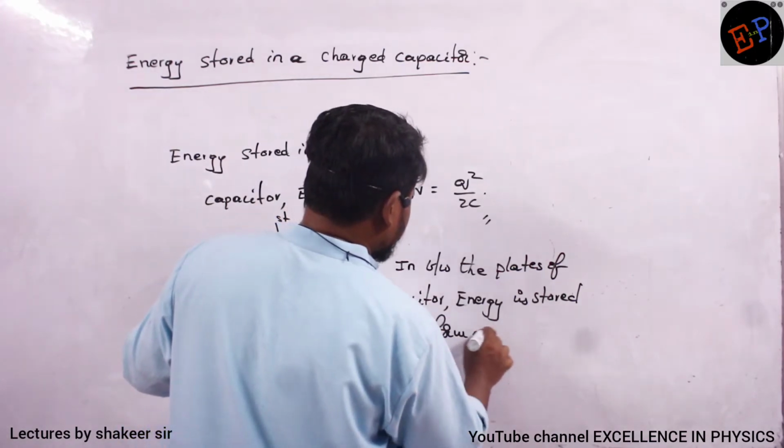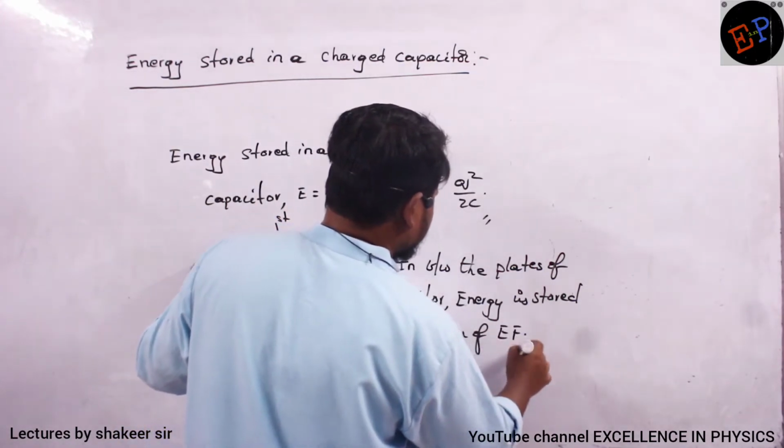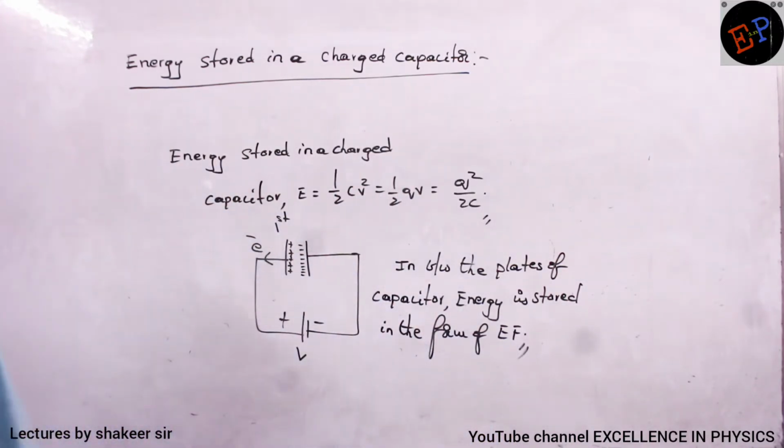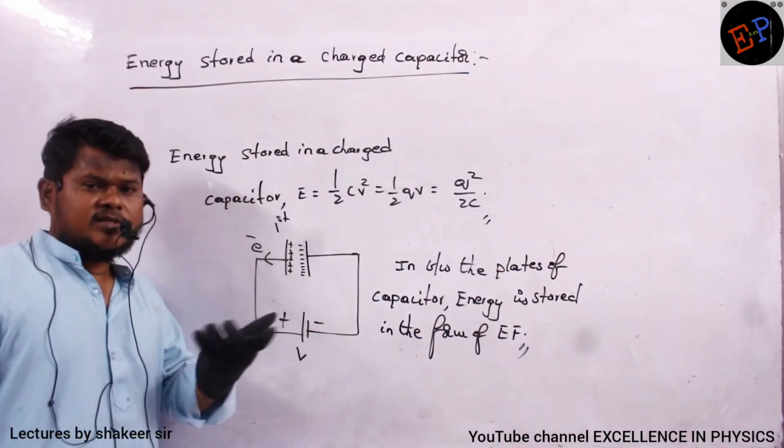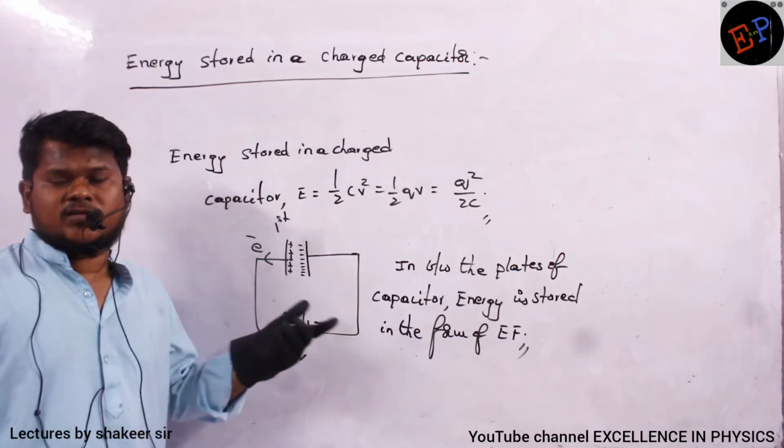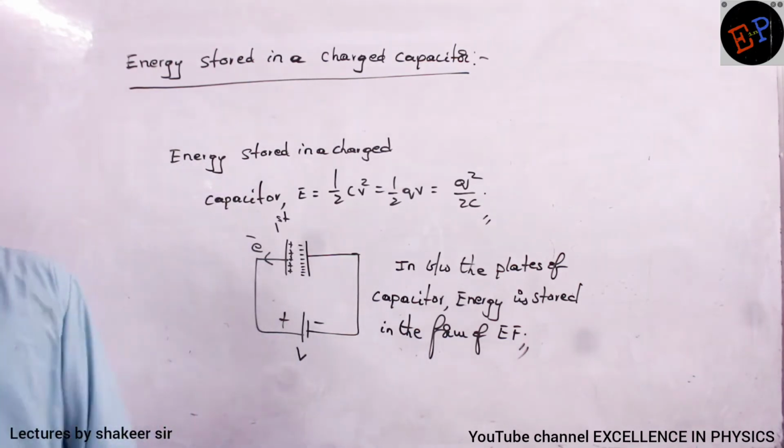Energy is stored in the form of electric field. So in between the plates of the capacitor, energy is stored in which form? Energy is stored in the form of electric field. Are you able to understand?